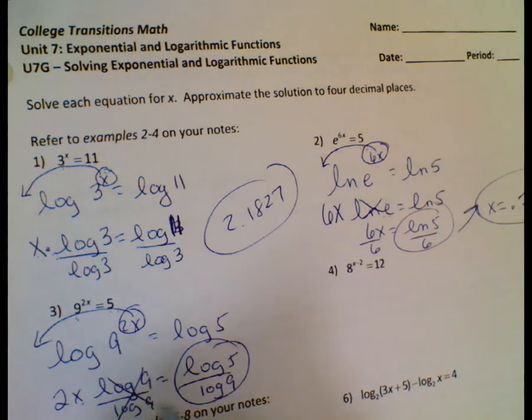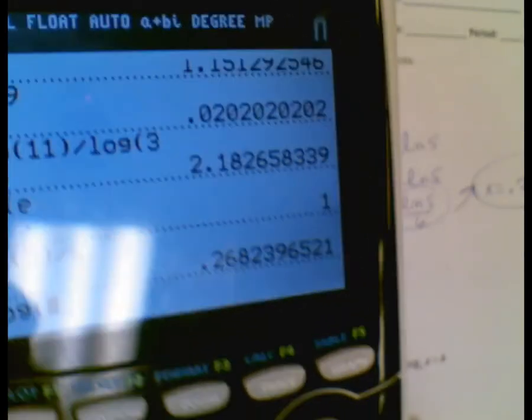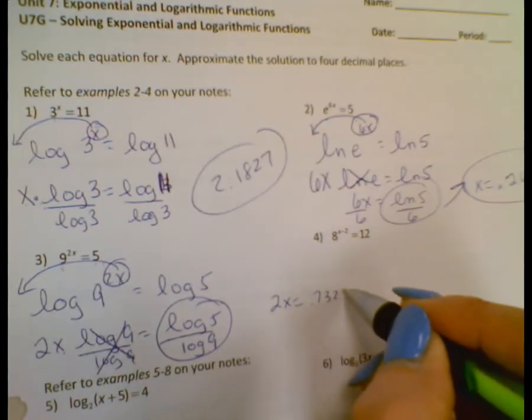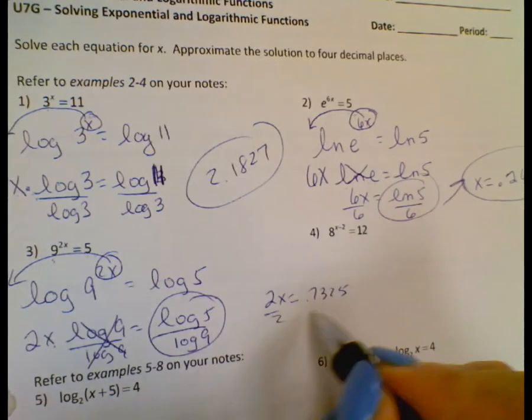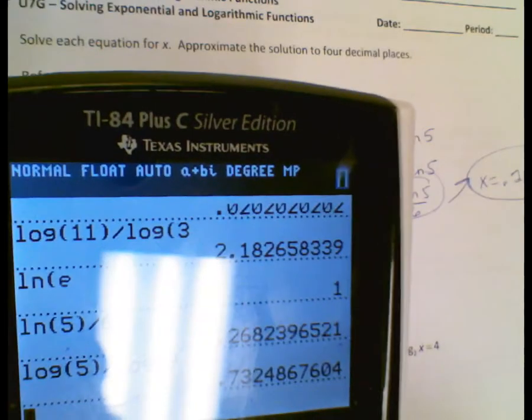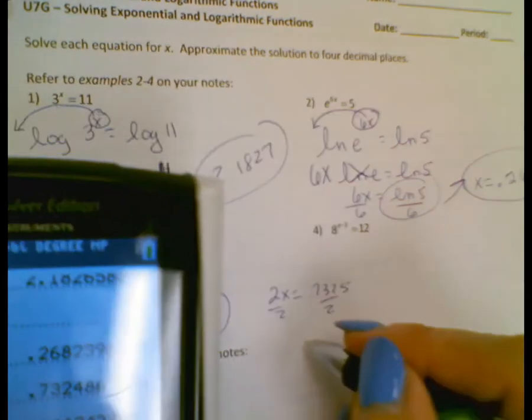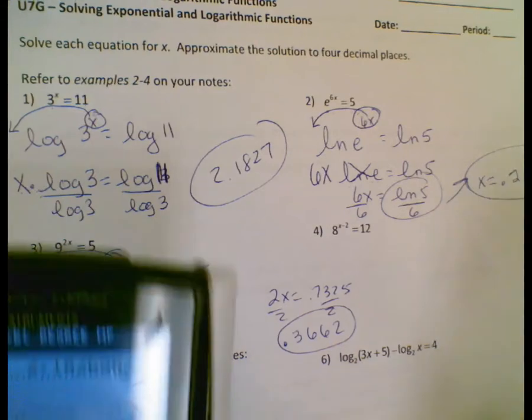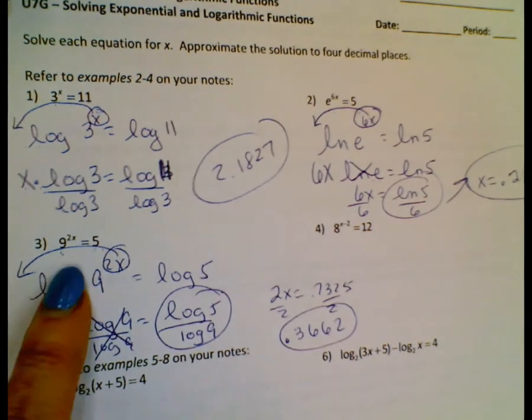Punch that in the calculator. Log 5 divided by log 9. And you get this. Okay, so you have 2x equals all of this. Then you're going to divide that by 2. So on your calculator, just press divided by 2. And you get 3.3662. That's your answer.